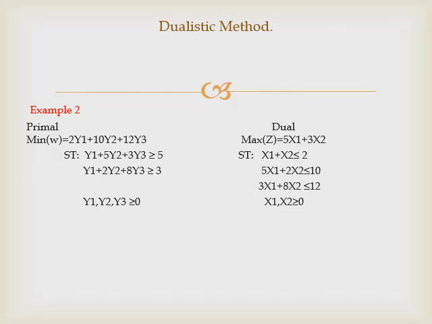Now, once we have 3 decision variables, the non-negativity condition represents these 3 decision variables y1, y2, y3, which should be greater or equal to 0.